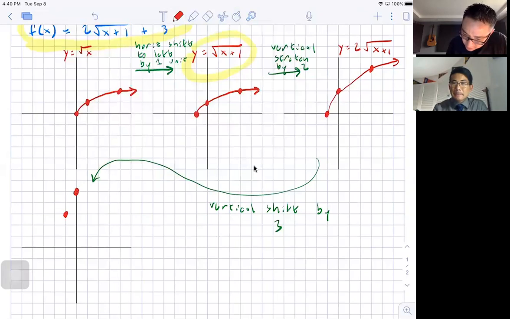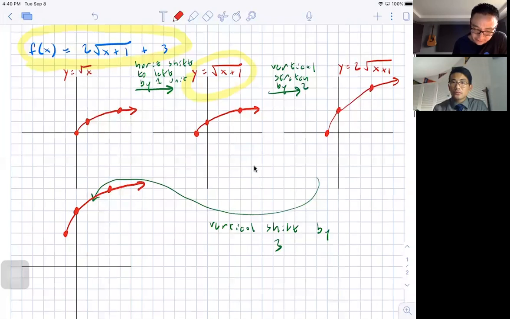And this last one over here is 3, 4, 7, so 3, 7. 1, 2, 3, 4, 5, 6, 7 right there. Okay, so like that. And I think we've hit our target. So this is now y equals 2 times square root of x plus 1 plus 3.